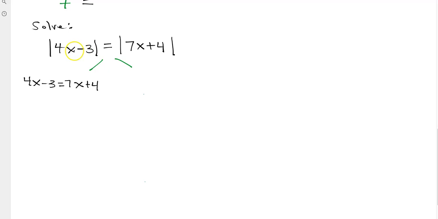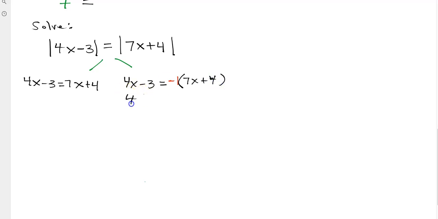And then on the other one, I'm going to leave the left side the same. So 4x minus 3 equals, but now we need to change this whole right side to a negative. So it's kind of like I'm distributing a negative 1 through on that 7x plus 4.